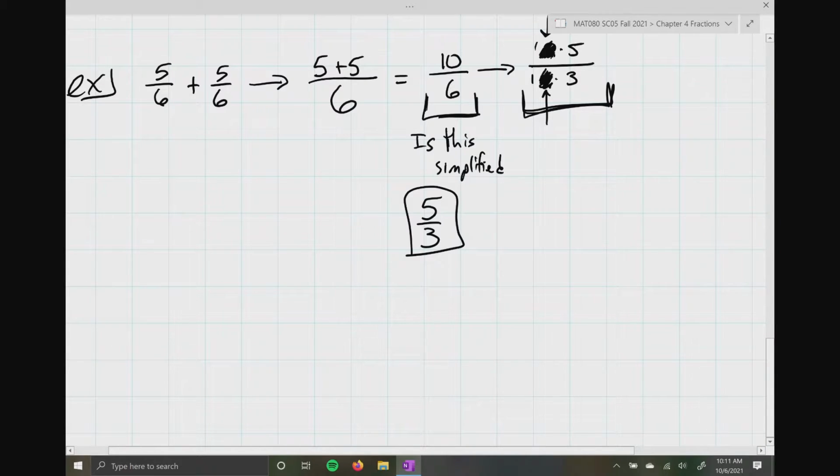She goes, it was so much easier. I kept trying to do it in my head and I kept getting it wrong. So I watched your video and I started doing it your way. And after that, I didn't get one of them incorrect. And I go, what helped? And she goes, I can see what I'm trying to reduce with. And I was like, perfect. That's what this is all about. So let's try another problem. Right, Amber?